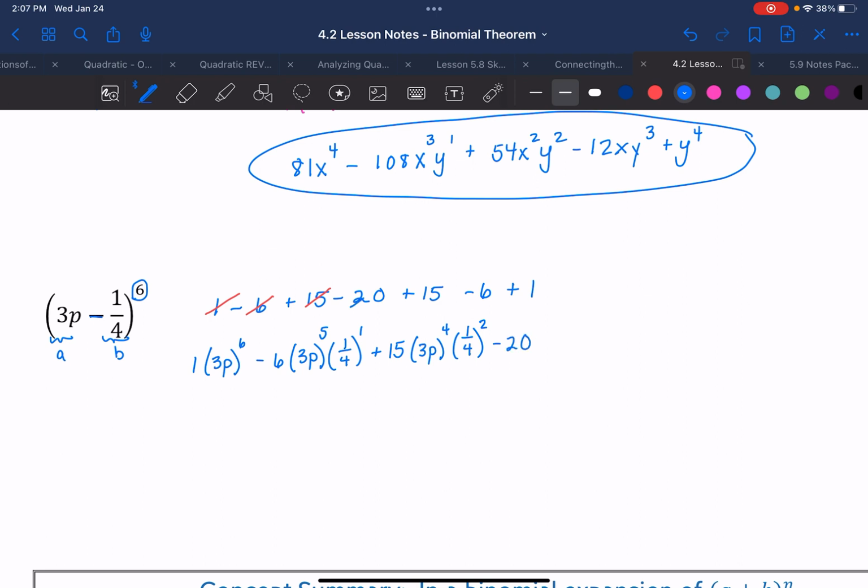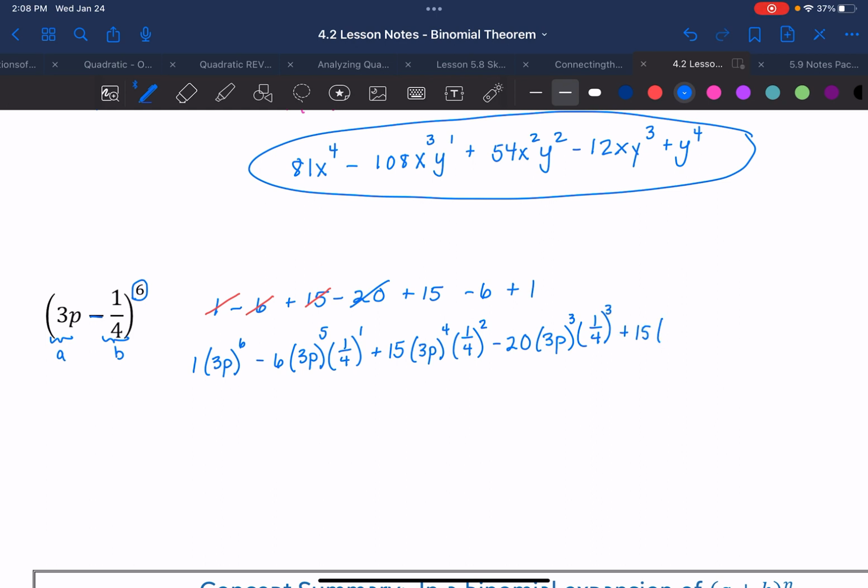minus 20. We'll have 3p being lowered. We'll have 1/4 being raised. That should be to the 3rd power, not to the 4th power.